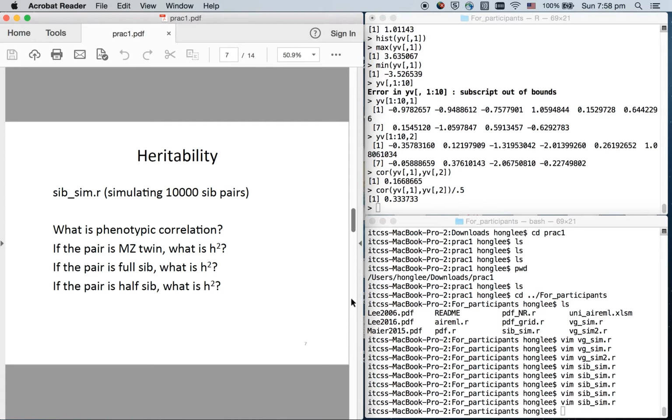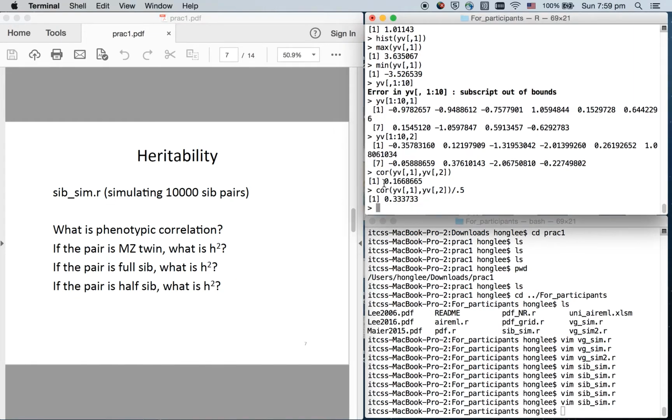So in this case, the question is simple. You get the phenotypic correlation around 0.166. Then if the pair is an MZ twin, what is the heritability? And similarly, if the pair is full SIP, what is the heritability? That is what you did here, right? And if the pair is half SIP, then what is the heritability?